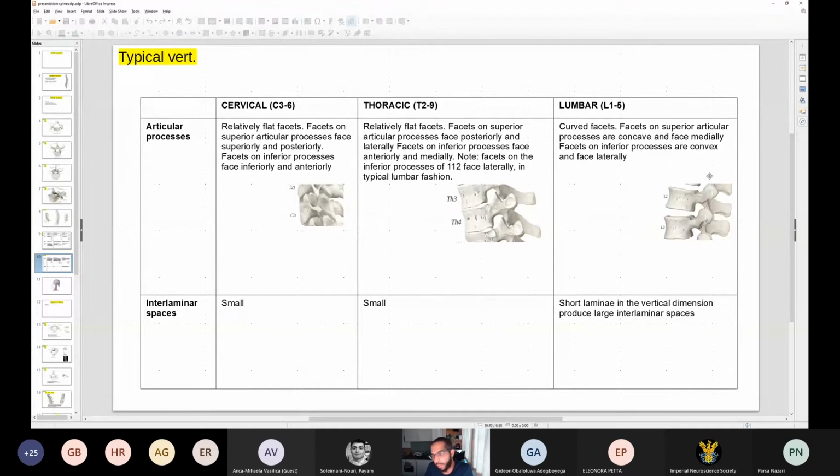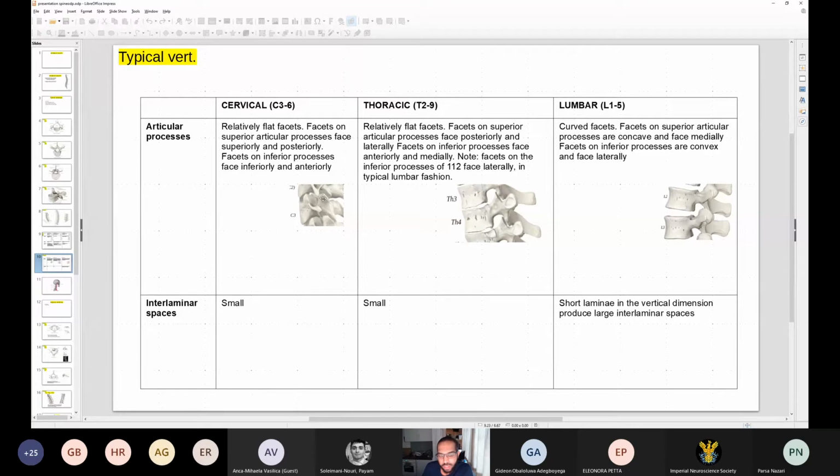So this joint and this joint, which we can't really see here. In the cervical region, we will only learn the orientation of the superior facet, and from that, from the superior articular process, we'll work out how the inferior articular process would be orientated.